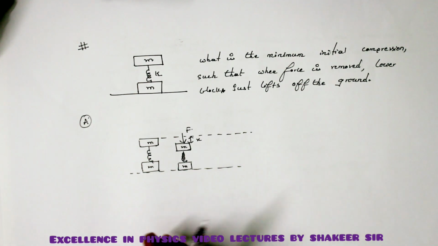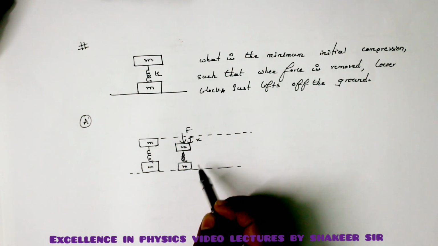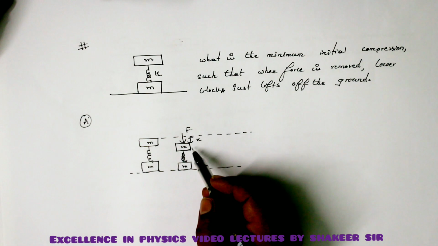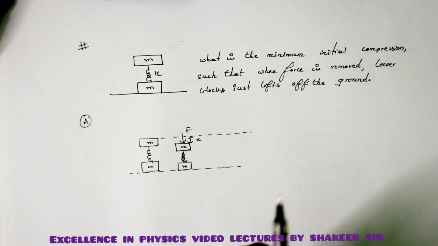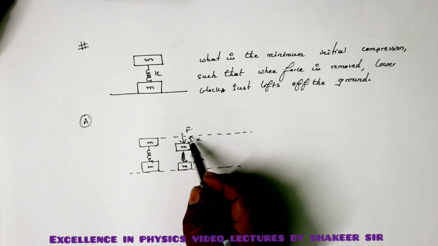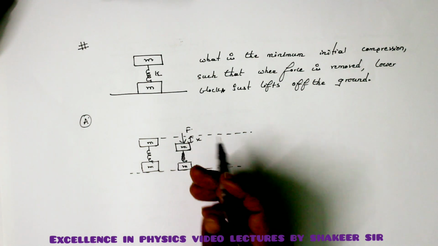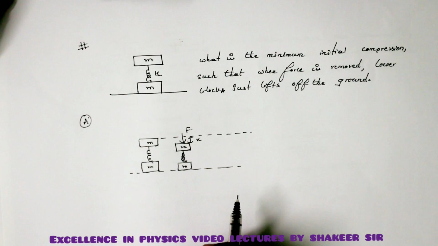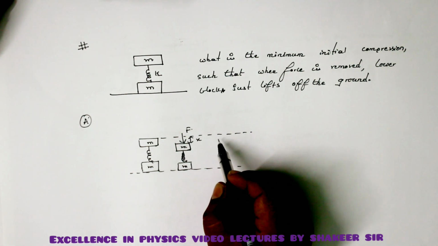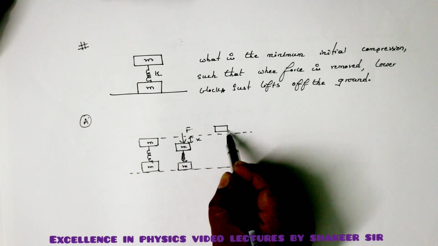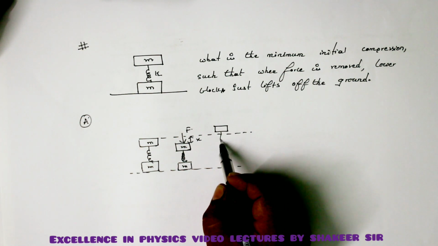Now when I remove this force, the first body will go to the mean position. First of all it will go a distance of x, and after reaching the mean position, the velocity of this block will become maximum. Because of that inertia, it will go to another extreme position. Now we can draw that situation also. So this block may reach up to here.